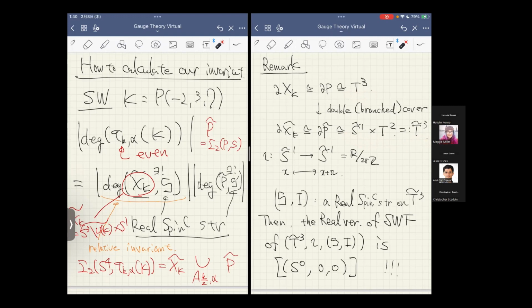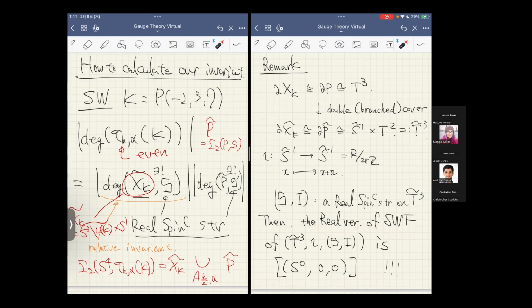This is also diffeomorphic to T^3, and the involution is given by this in the first column. Then for any real spin^c structure on tilde T^3, the real version of the Seiberg-Witten Floer homotopy type equals this one.